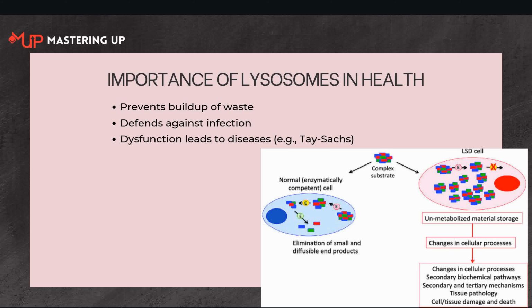This can lead to genetic conditions like Tay-Sachs or Gaucher disease, where enzyme deficiencies impair normal lysosomal breakdown. In the illustration, you can see the enzymatically competent cell, which shows the proper functioning of the cell, and the other one, which is an abnormal cell. It contains unmetabolized material storage, that is, changes in cellular processes.